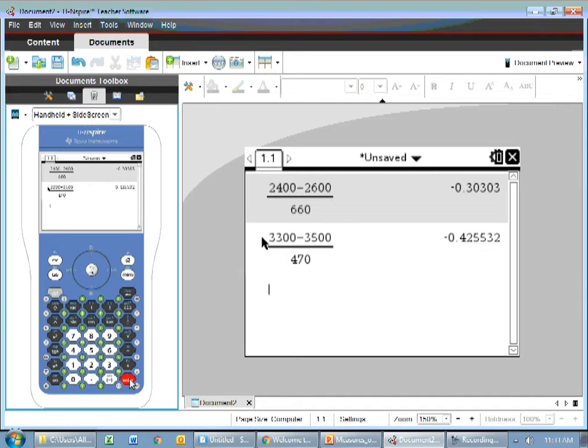Oh, so we're on number 6. No, we just did it. Well, we did 5.